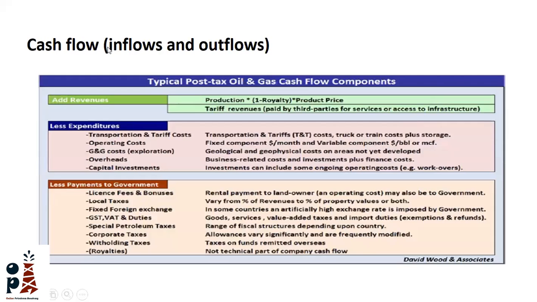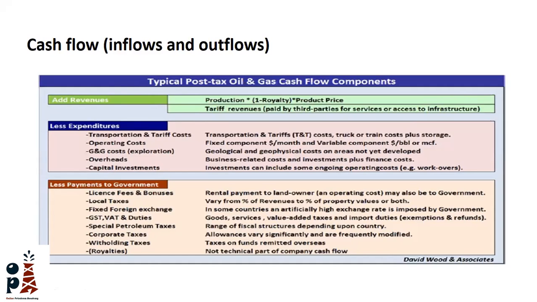So cash flow inflow and outflow. Inflow of cash flow is revenue. What is revenue? It is production multiplied by 1 minus royalty, because royalty is always taken first by the government. So the revenue is production multiplied by 1 minus royalty, multiplied by the production price.